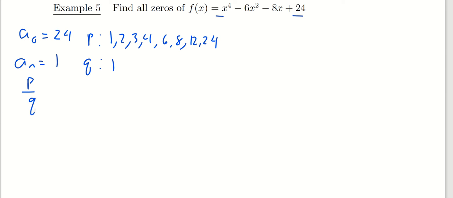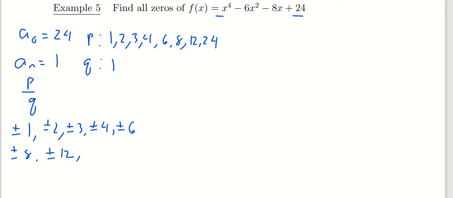So according to the rational zeros theorem, the potential possibilities for rational zeros are going to be plus or minus 1 over 1, which is just 1, plus or minus 2 over 1, which is just 2, plus or minus 3, plus or minus 4, plus or minus 6, plus or minus 8, plus or minus 12, and plus or minus 24.